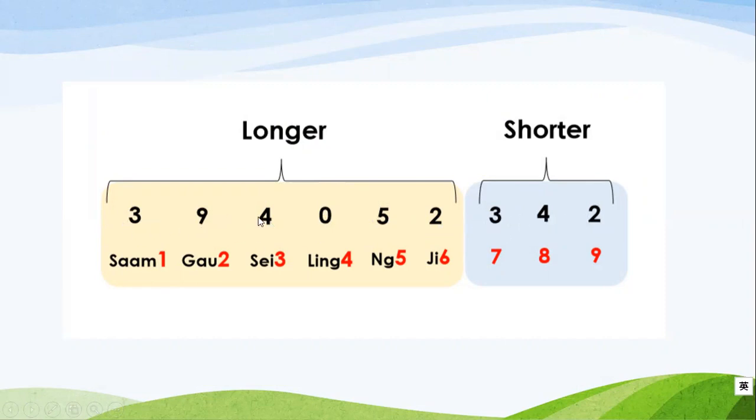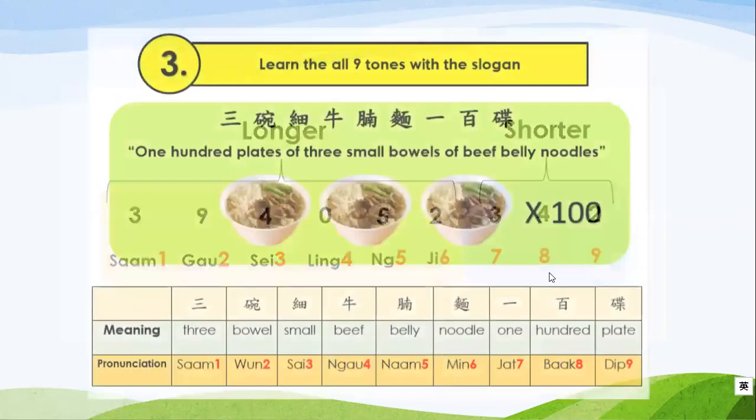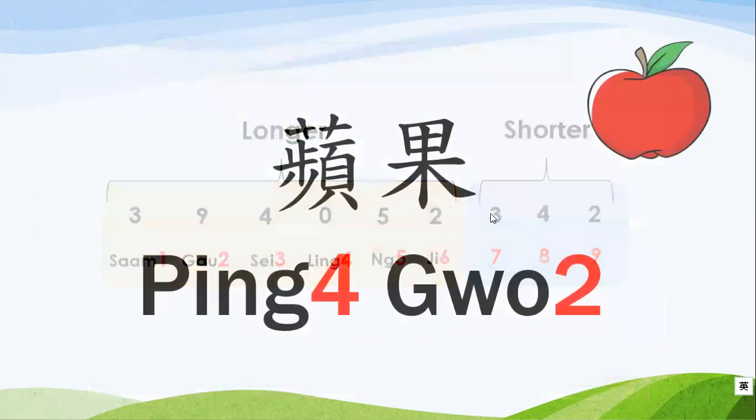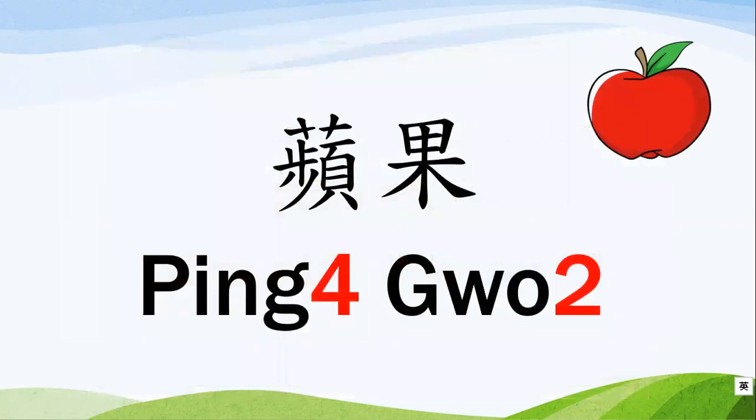You now know all the 9 tones in Cantonese. Same as 3碗細牛腩麵100碟. Right? Let's practice. Once again, what is the sound of these 2 words?